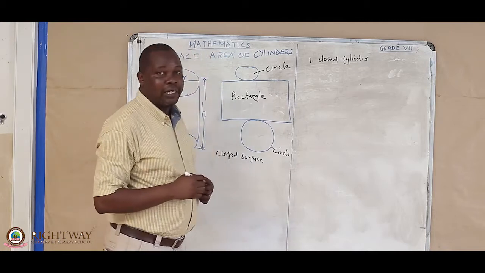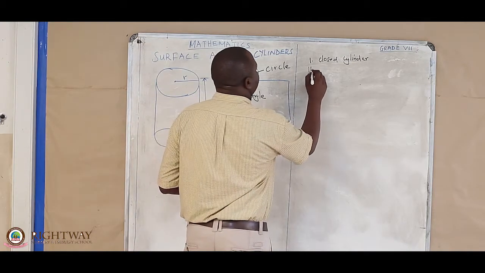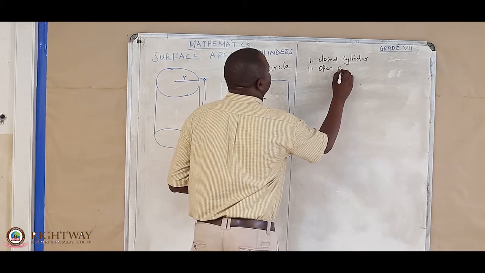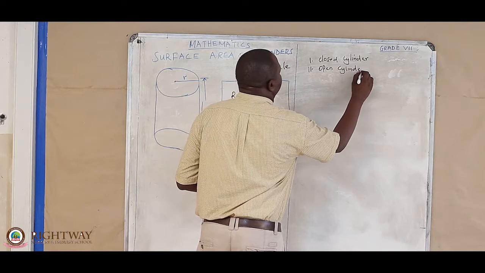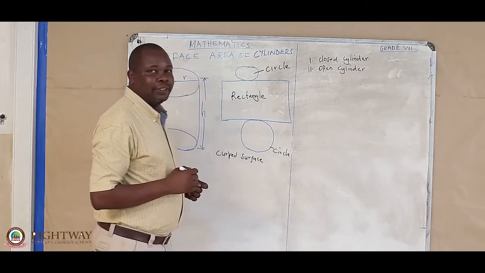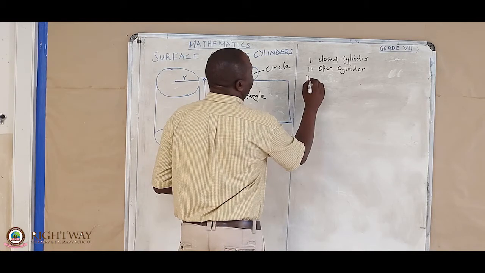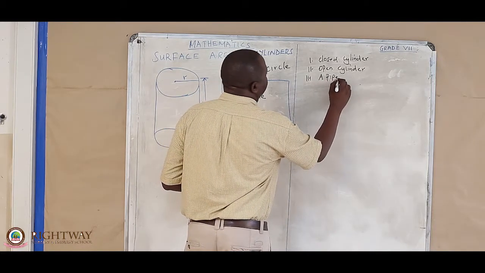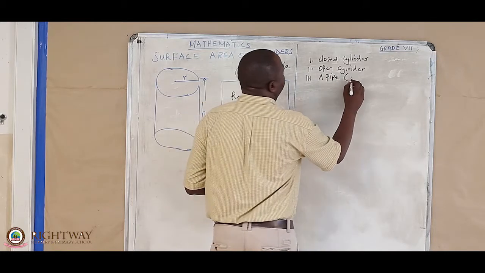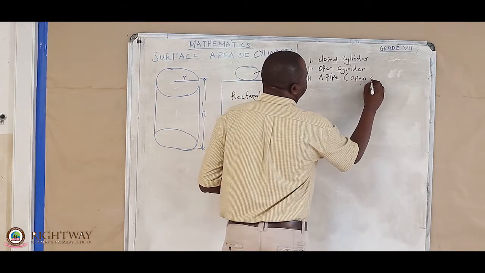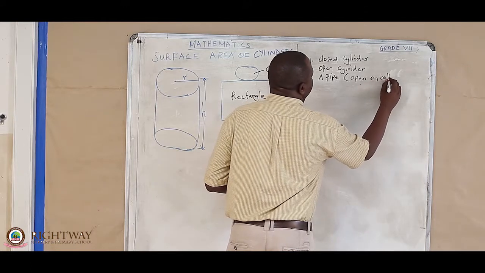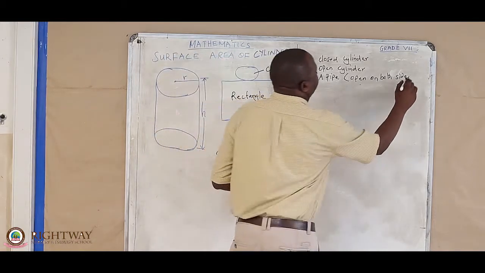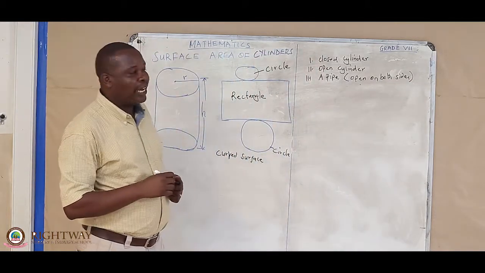Second, we have an open cylinder. Third, we have a pipe, in other words, a cylinder which is open on both sides.